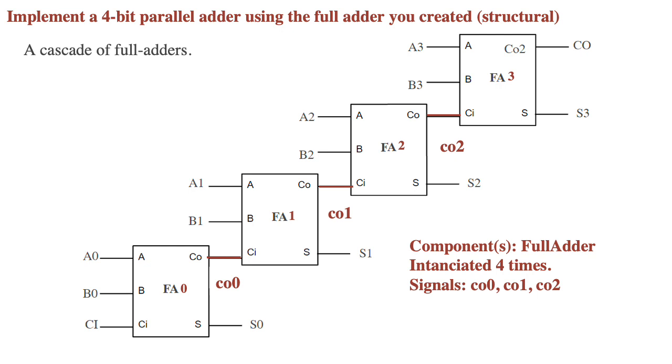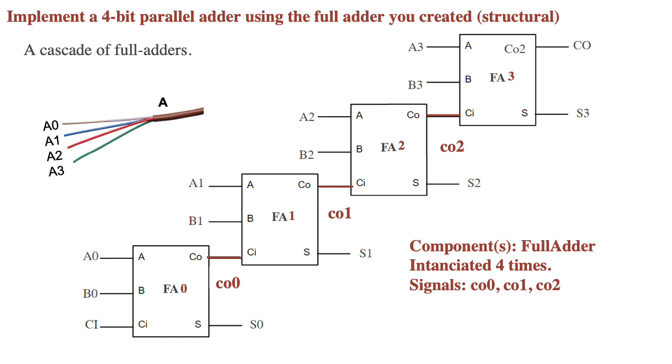Remember that A0, A1, A2, A3 is all just A, but it has 4 bits. So another way to look at it is that A is a bundle of wires wrapped together. We can say that it is a cable that consists of 4 wires.